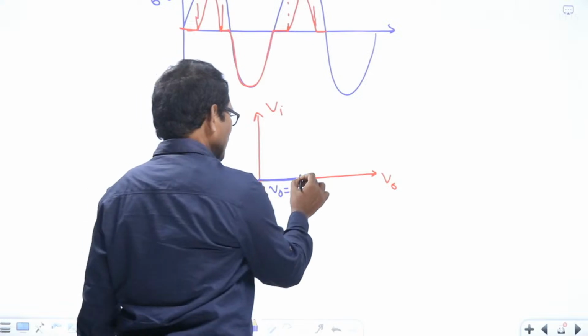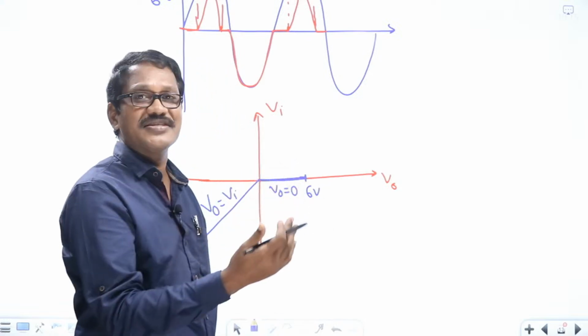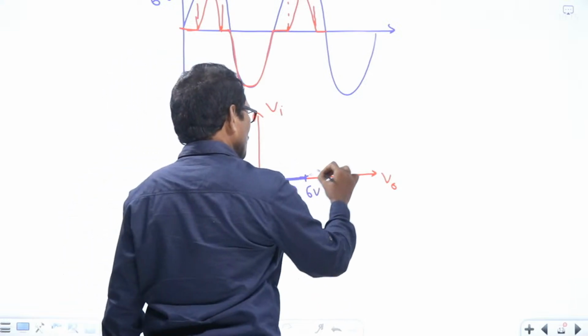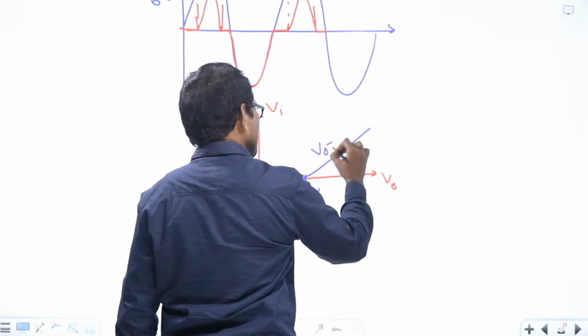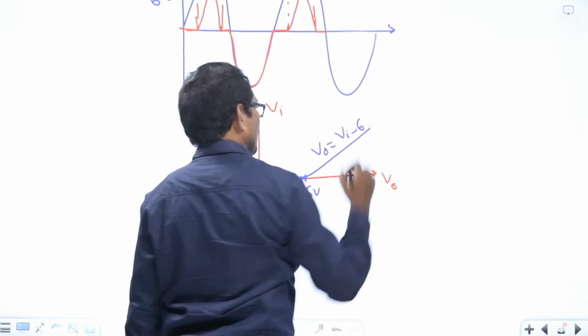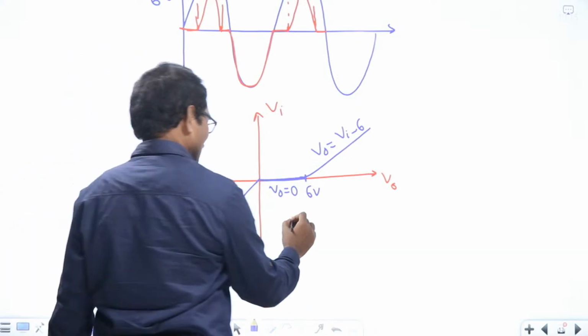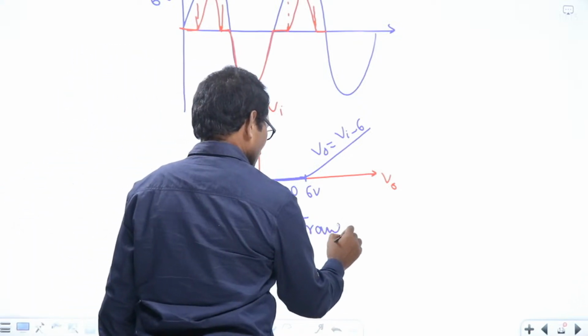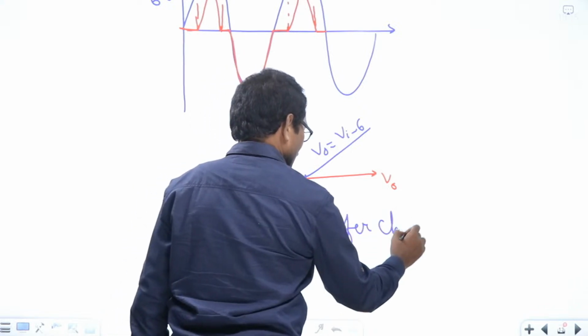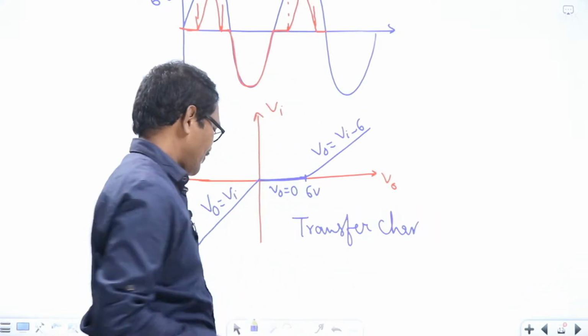And after 6 volts, if VA is greater than 6 volts, then the output voltage is VA minus 6. Have you understood this? This is the transfer characteristics of the given problem.